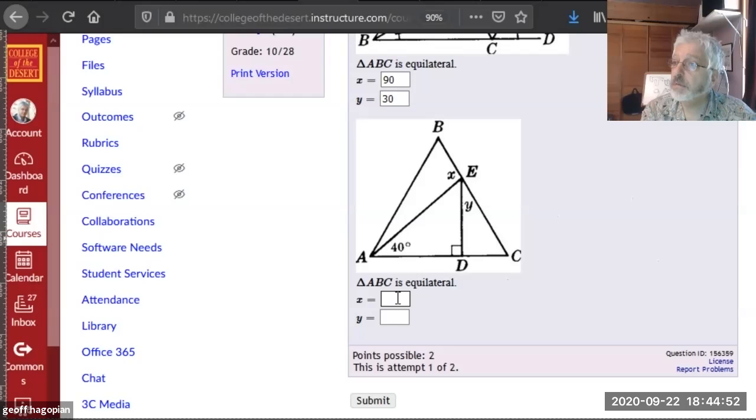X plus this angle here, which we can write in. This angle has got to be 50, right? Because the acute angles of a right triangle are complementary, right? Sorry, that should be a little degree sign there. Okay. So we know X plus 50 plus Y is 180.